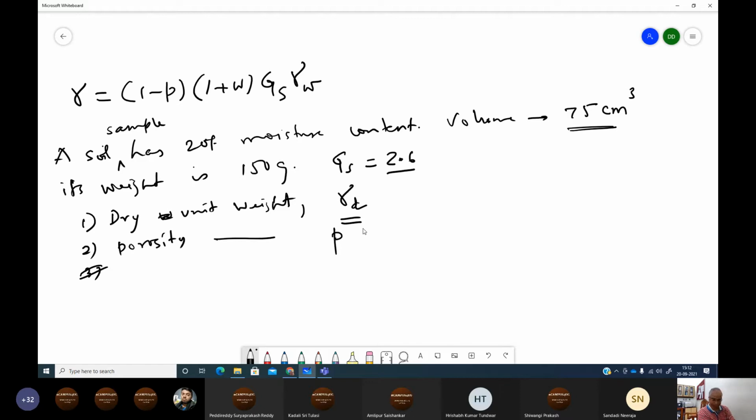Are you doing it? Maybe you can find the number 2 first. That will be easier. I have given you the formula above. Everything is given. Very easy. Find number 2.